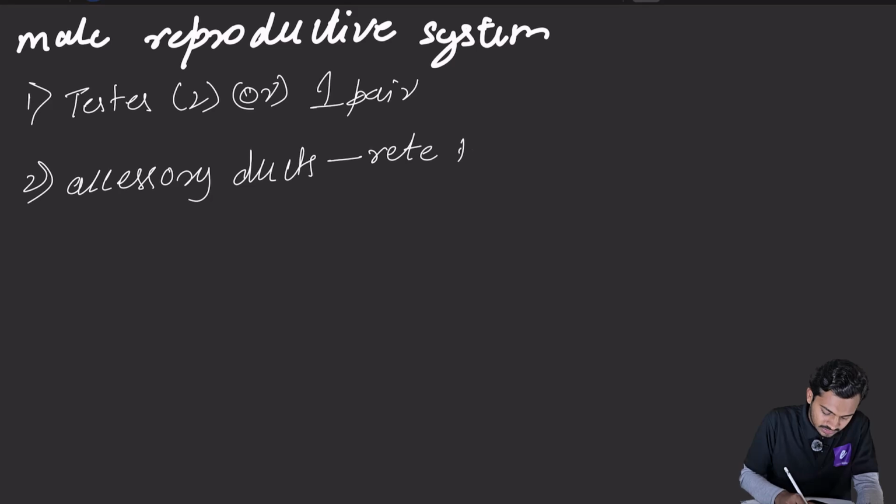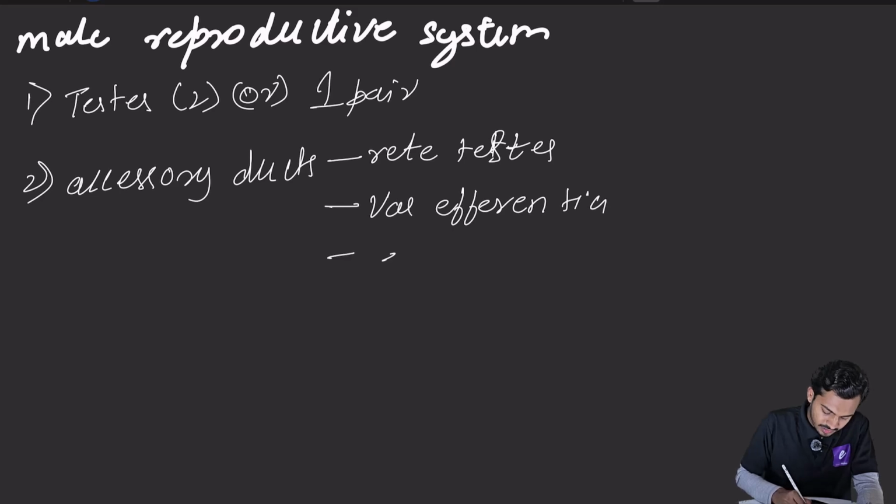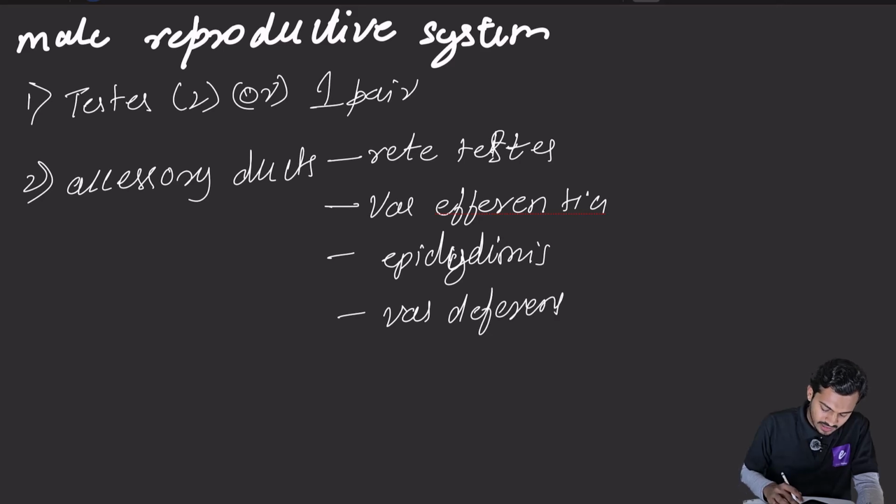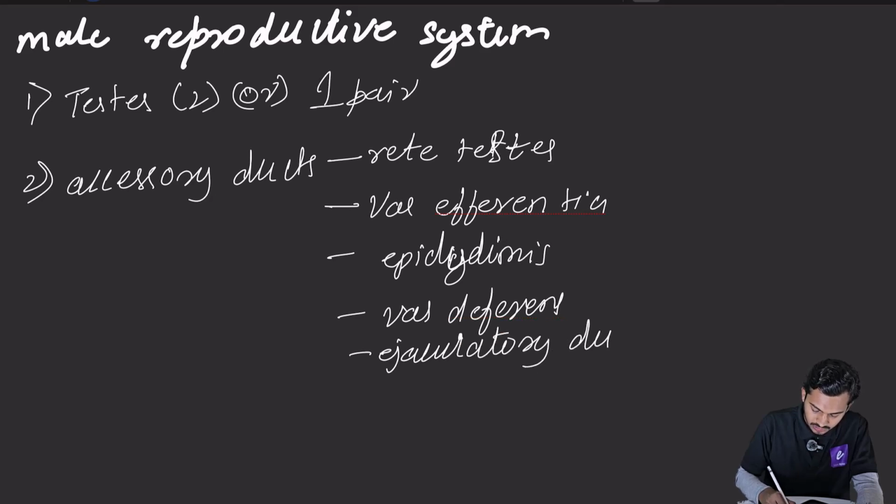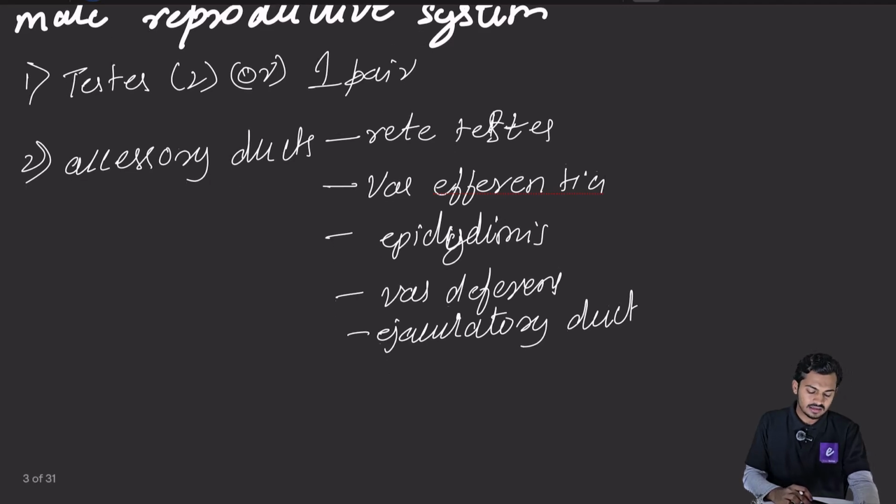The first accessory duct is rete testis. Then we have vas efferentia. Then we have epididymis. Then we have vas deferens, and then we have ejaculatory duct. So all these structures, they come under accessory ducts.